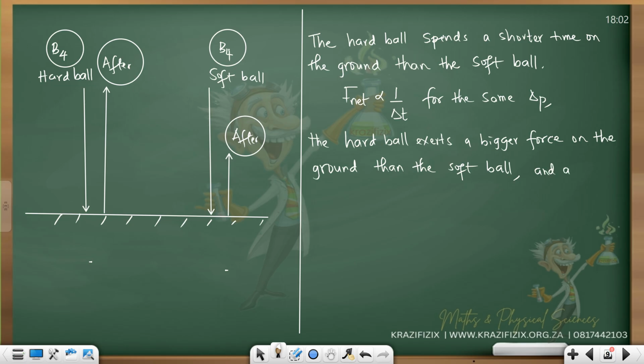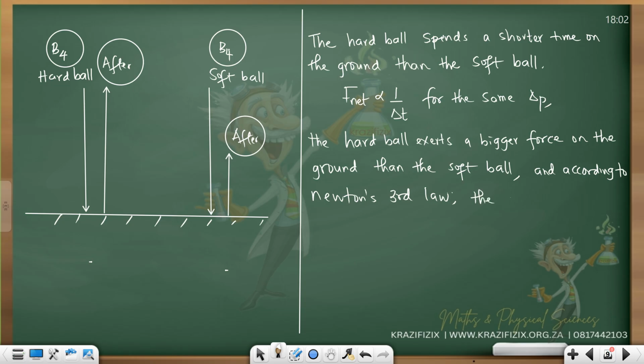And Newton's third law, I hope you remember that. If object A exerts a force on object B, then B will simultaneously exert the same force on object A, equal in magnitude, but opposite in direction.